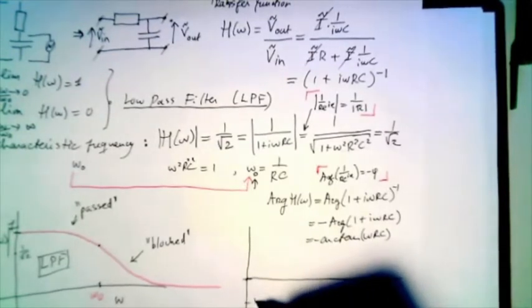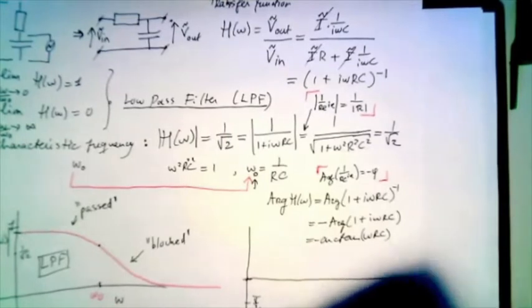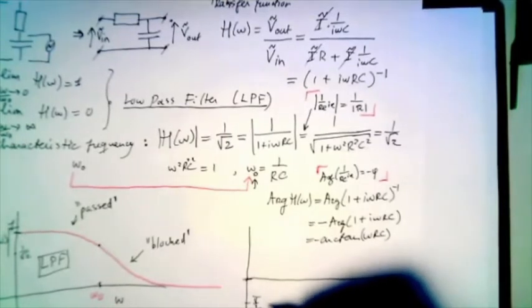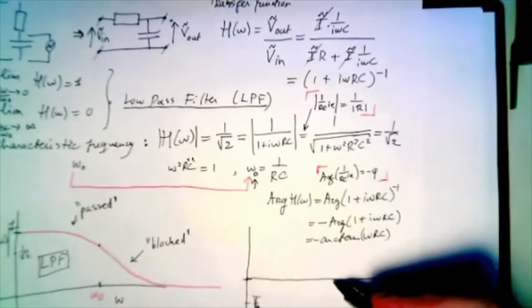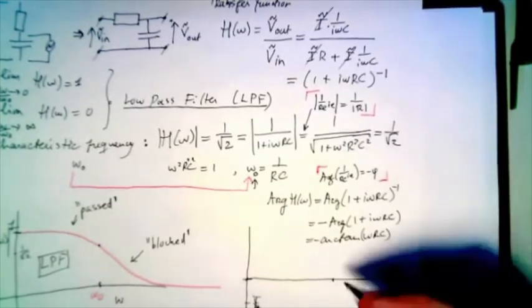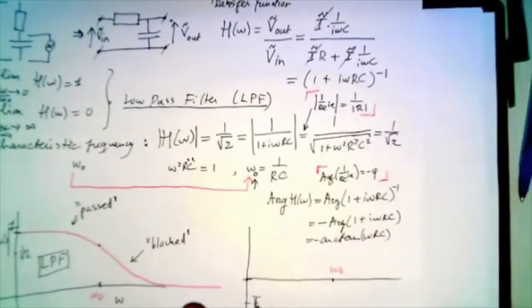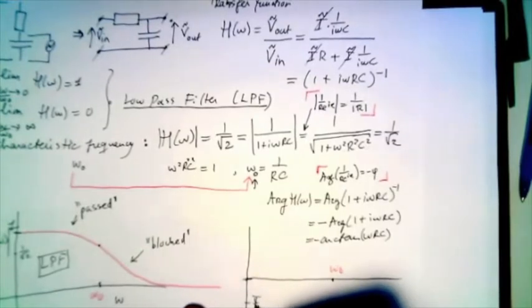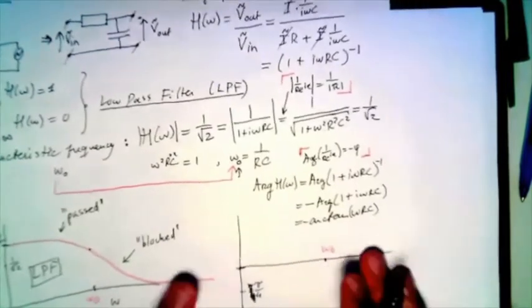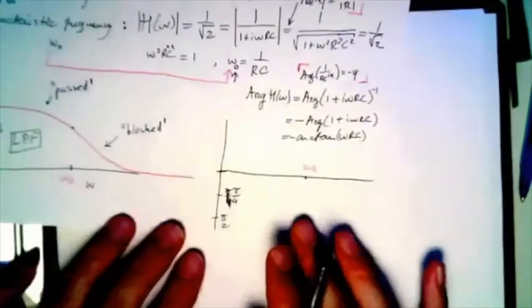I'll check it in a second. No, pi over 4. So that's at this frequency, omega naught. And then in the end, we end up at pi over 2. Okay, pi over 4, pi over 2.